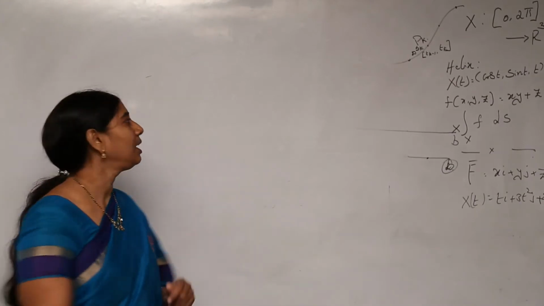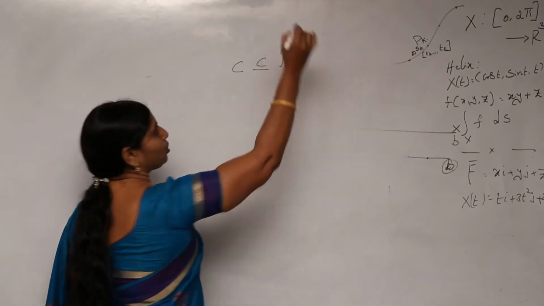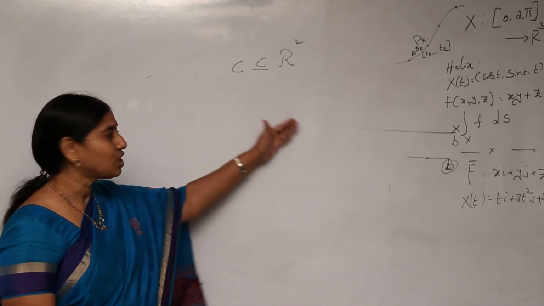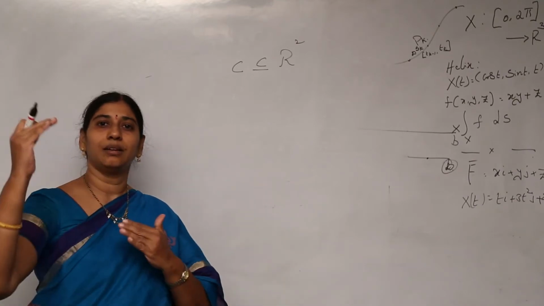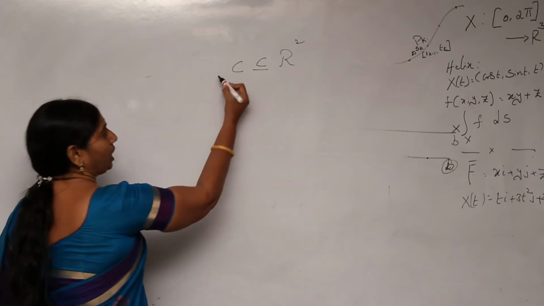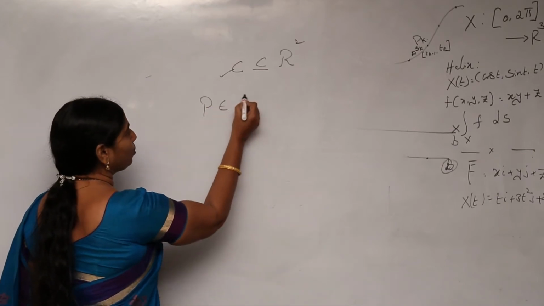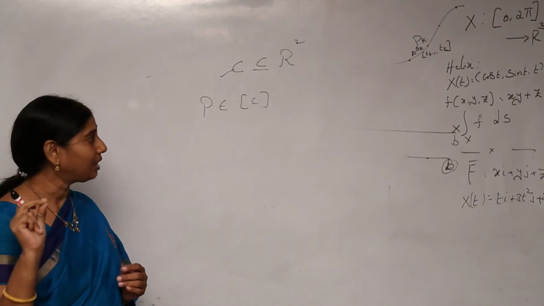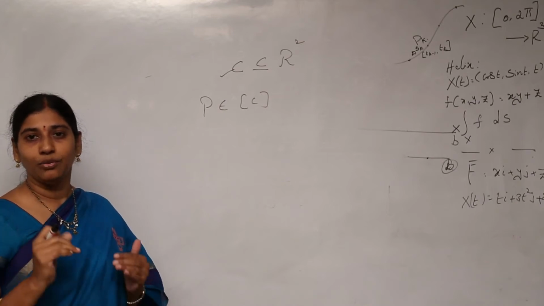Let us consider, say suppose C is a subspace of R2 or R3, or you can take it as an n-dimensional space, just as we discussed in the case of a single variable, two variables, multi-variables, or n variables. If to each and every point of C, for each P belonging to C, we assign a vector value, then we call that particular function a vector valued function.